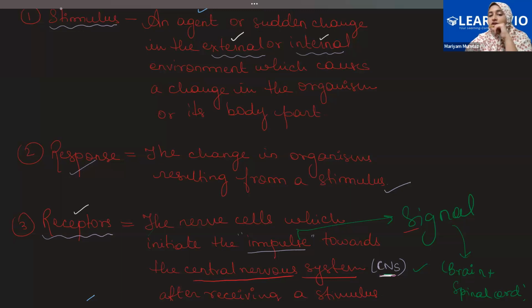It is the change in organisms resulting from a stimulus. Any change that the organism produces, whether you run, turn towards the person, scream, or sit down, any change is a response that the organism provides.